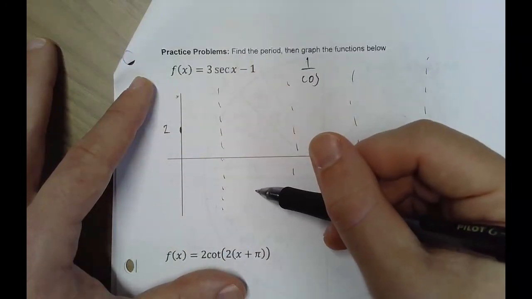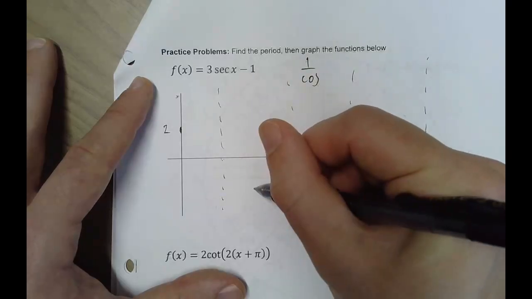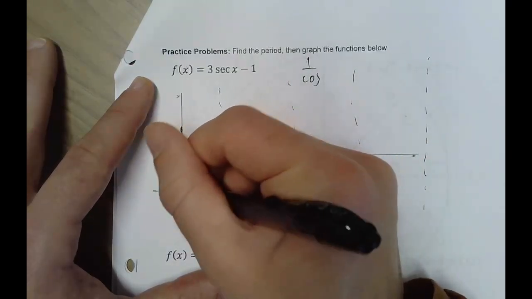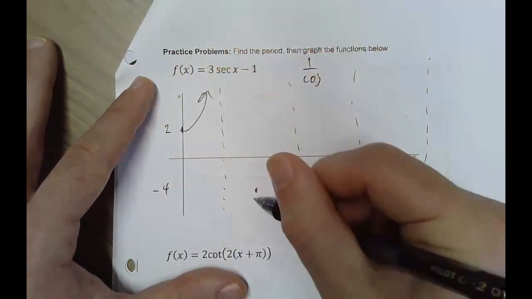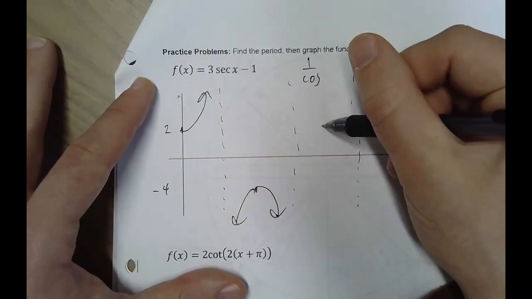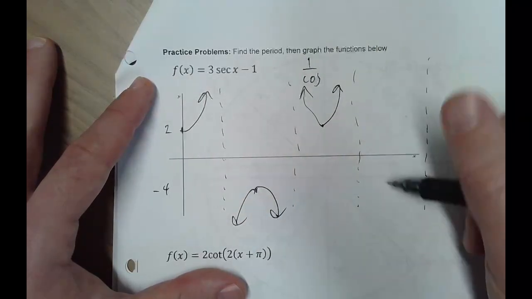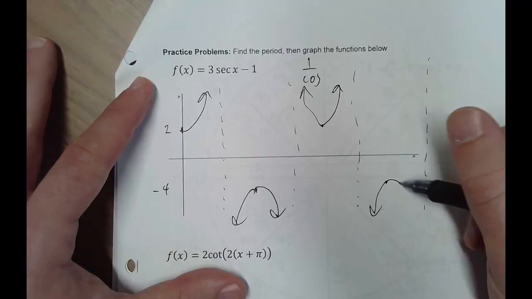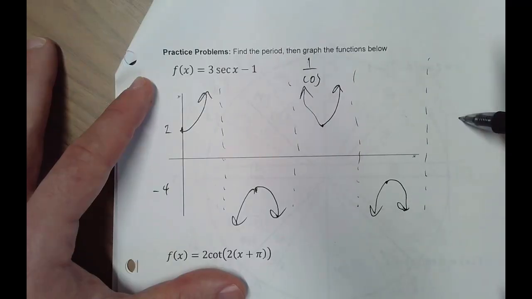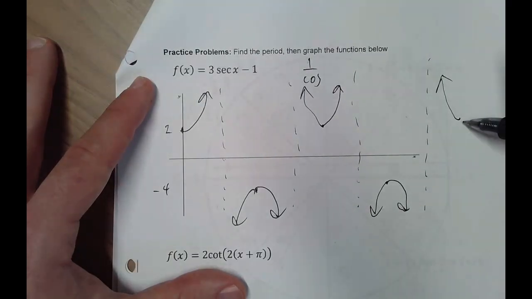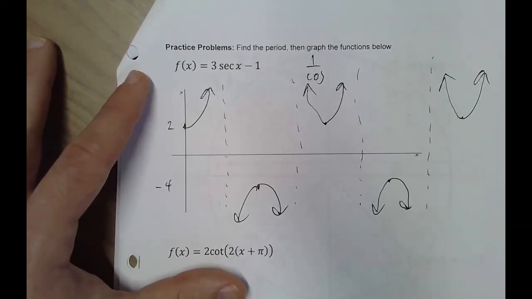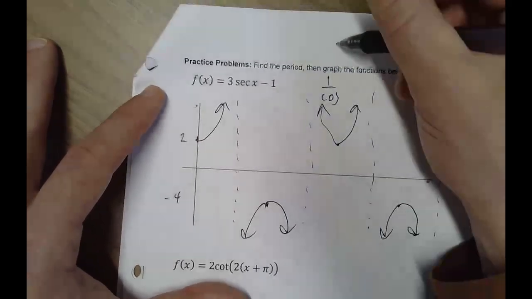My point down here would be -3, but then -1, so it would really be at -4 here. Okay, so I'm going up, down, up, down, up. Okay? Period is still 2 pi.